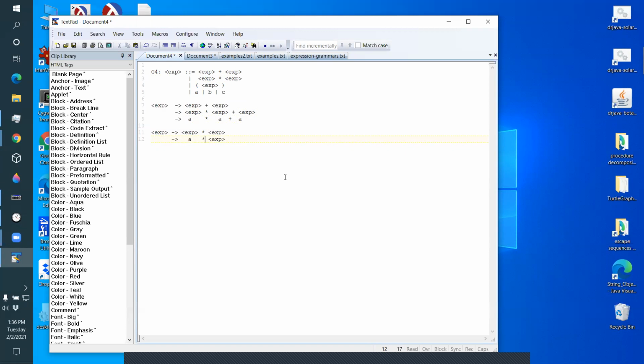Okay. So instead of starting with exp plus exp, I'm starting with exp times exp. Then I'm going to expand this one to A. Now I'm going to expand this one to exp plus exp. So the A stays there times exp plus exp. Now A's there times there. And now I'll expand this one to an A plus A.